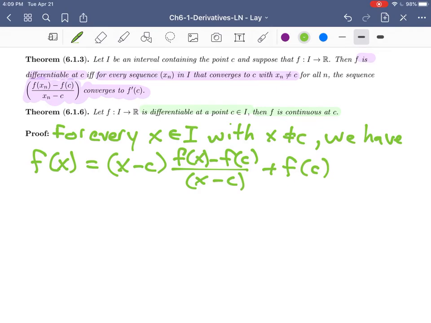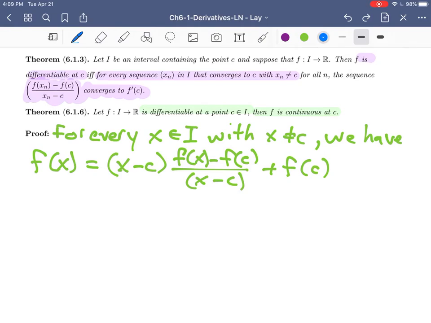So notice here the x minus c cancels with this x minus c, and then the negative f of c and this positive f of c would cancel out, and so we just get f of x. Right? So those two sides are equal.